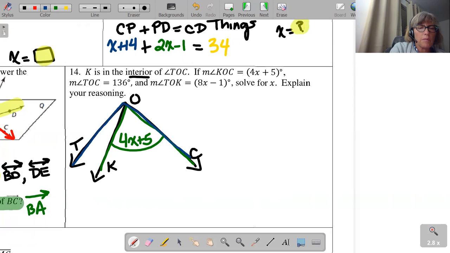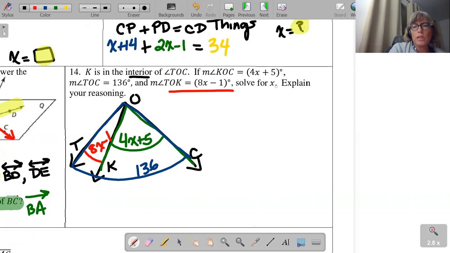TOC, and then TOK, solve for x. And then it wants to explain your reasoning.